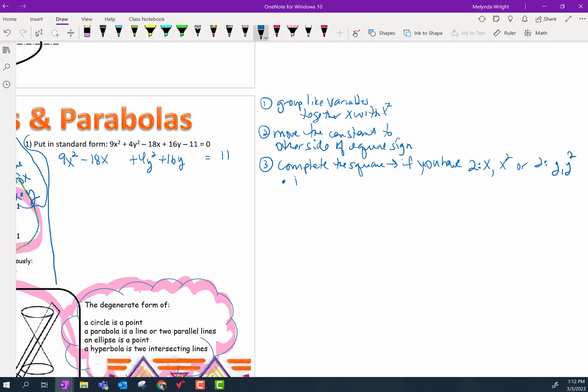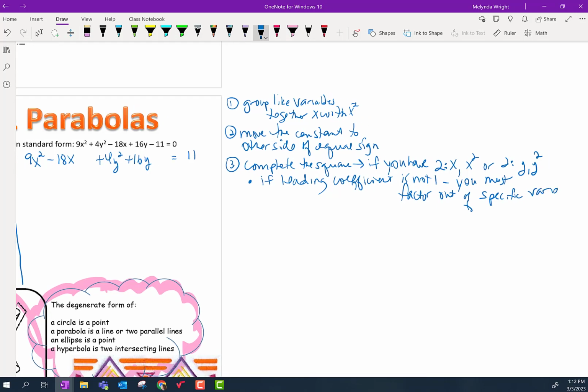If the leading coefficient is not 1, you must factor out of a specific variable, like out of the x or y, not both. You factor out of the 1.